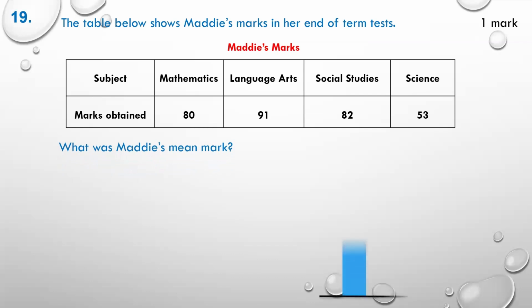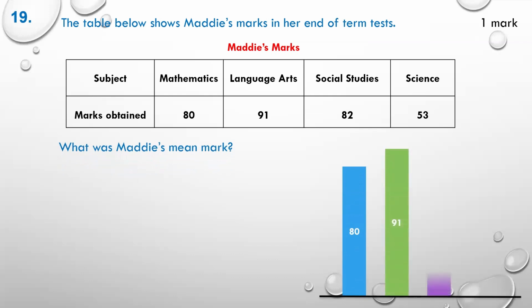So we could draw a little sketch here. You could see 80 to represent mathematics. Language arts would be higher, 91, social studies, 82, and science, 53. All we're interested in is at least giving ourselves an idea of where the mean is. The mean is that we could redistribute these marks until everybody gets the same amount of marks.